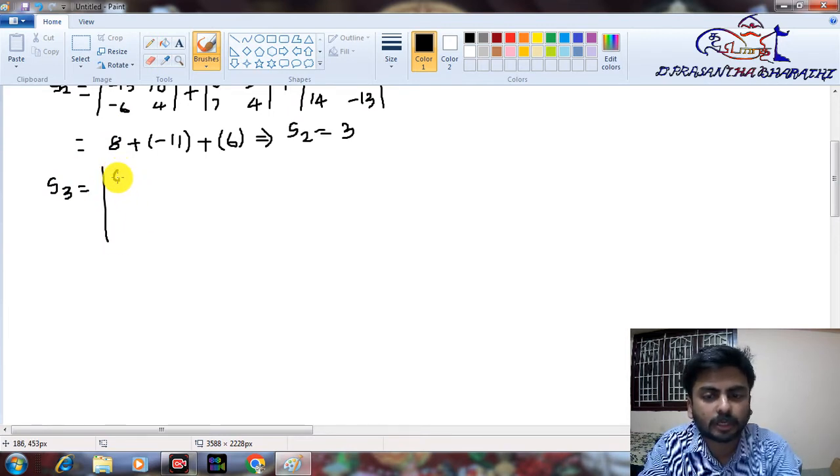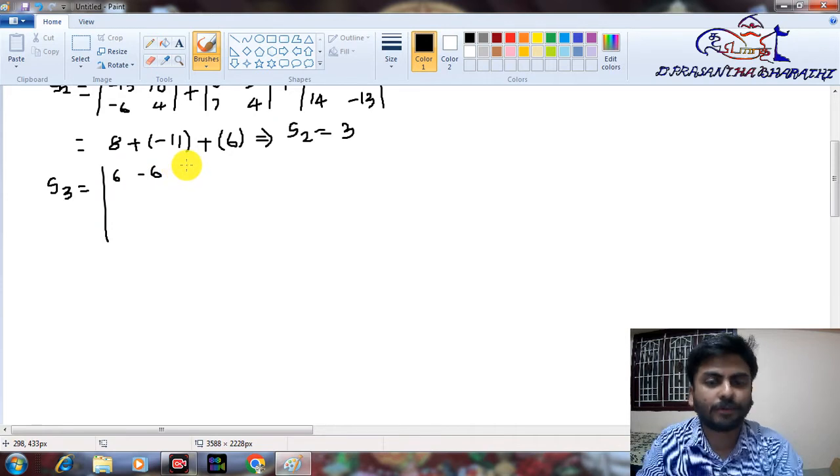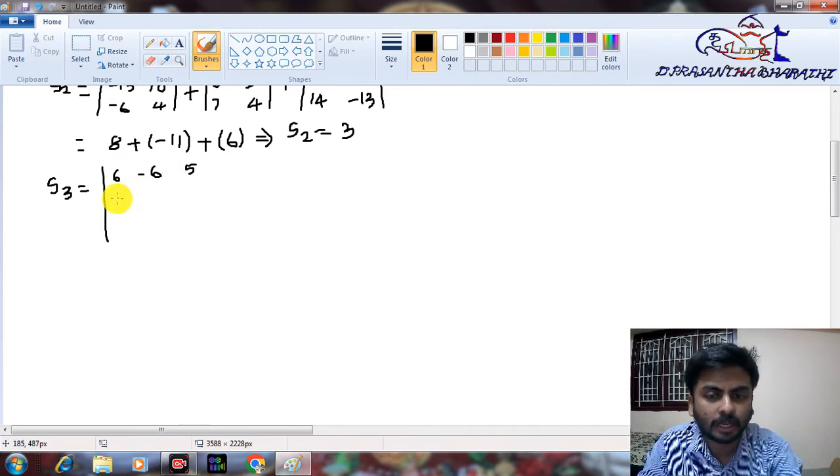The determinant of 6, minus 6, 5, and 14, minus 13, 10, and 7, minus 6, and 4.